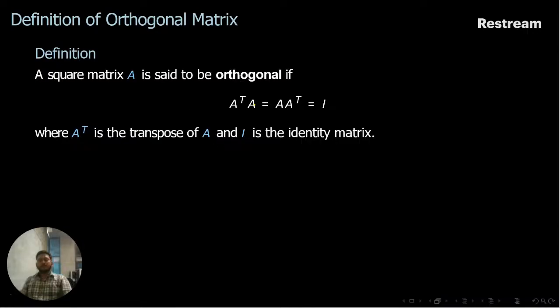Now, in the previous class we had the definition of orthogonal matrix and related to Hermitian matrices, and there are a lot of problems related to Hermitian matrices and skew Hermitian matrices.